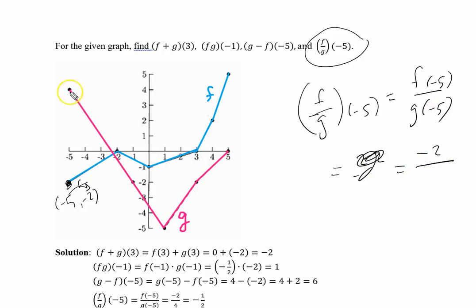And g evaluated at -5, look for the point with -5. And g evaluated at -5 is equal to 4. And -2/4 reduces to -1/2. And that's what is matching there. So I'm going to clear that screen.